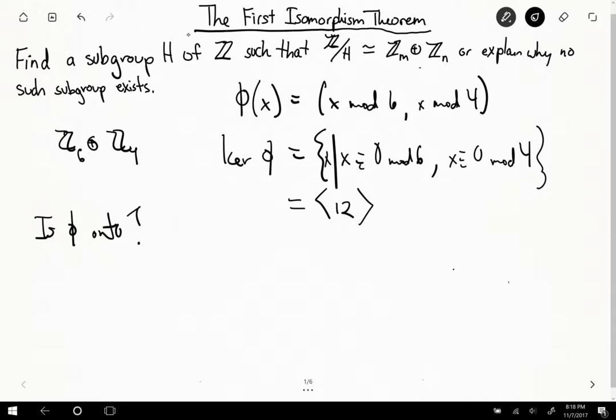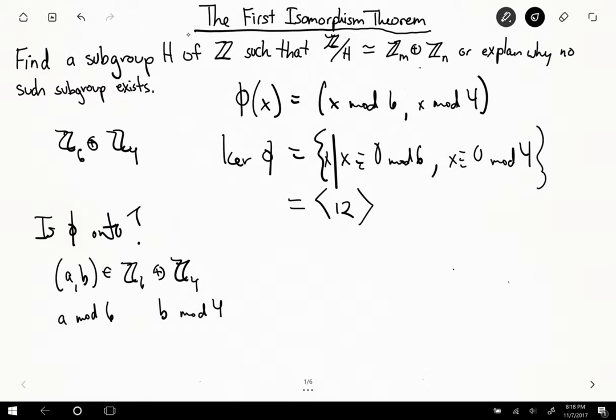So if we have (A, B) being an element of Z6 direct sum with Z4, notice what that means is we have A mod 6 and B mod 4. Right? Can we always find an x that when we divide it by 6 and 4 you get those values? Well, the difference is these two are not relatively prime.